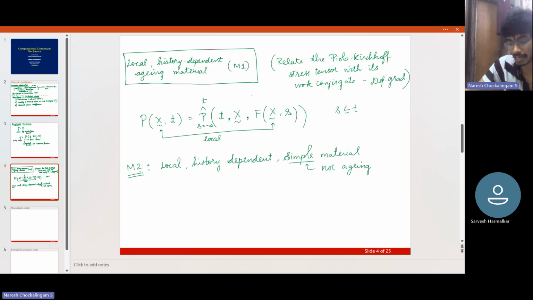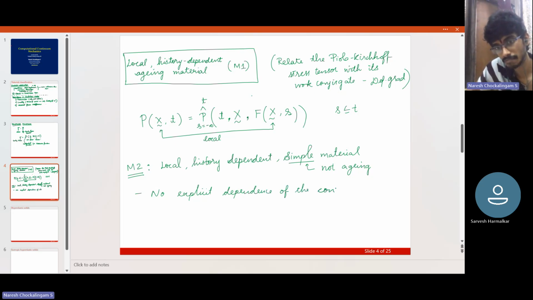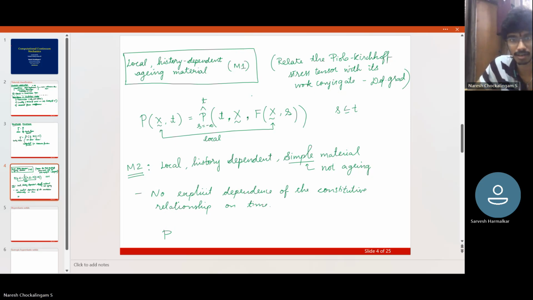The material is not aging. So in this case, there is no explicit dependence of the constitutive relationship on time. Therefore, the dependence of P on t comes only through F.